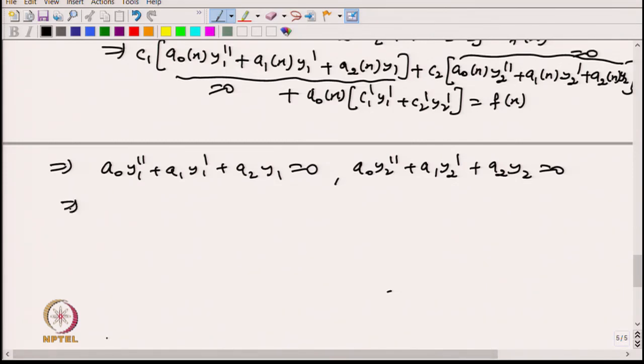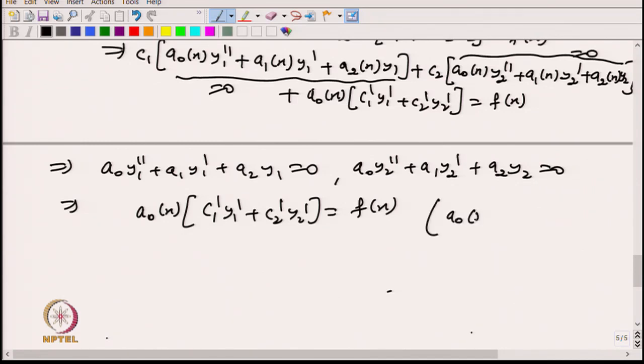So from here I can write that I am left with only a0(x) times c1' y1' plus c2' y2', which is equal to my f(x). Now I have assumed that a0(x) is not equal to 0, where x belongs to the bounded interval we have taken.